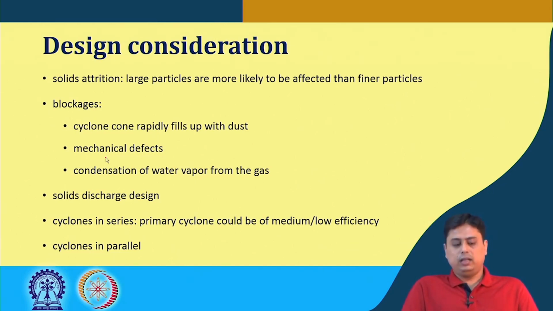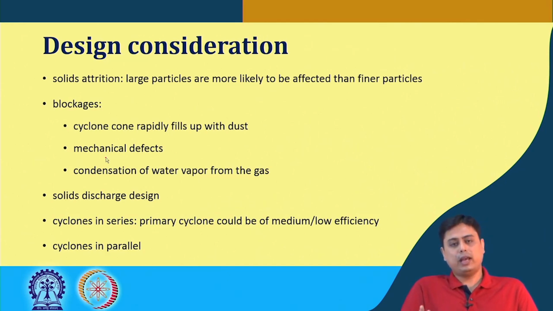The other important parameter that has to be considered during the design or large scale operation is blockage. Now, the cyclone cone rapidly fills up with the dust because that is the collection zone. If that happens very rapidly, the pressure drop goes very high, and the efficiency also falls.